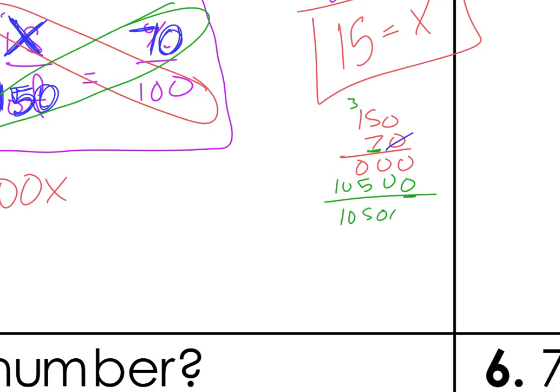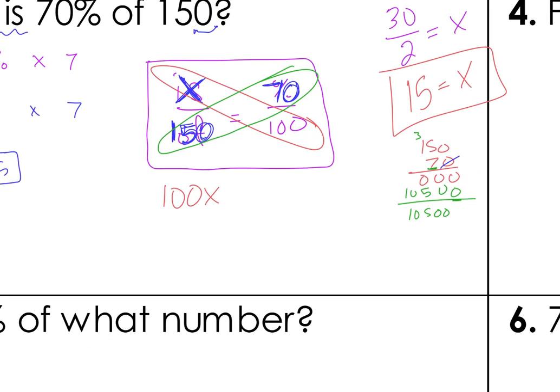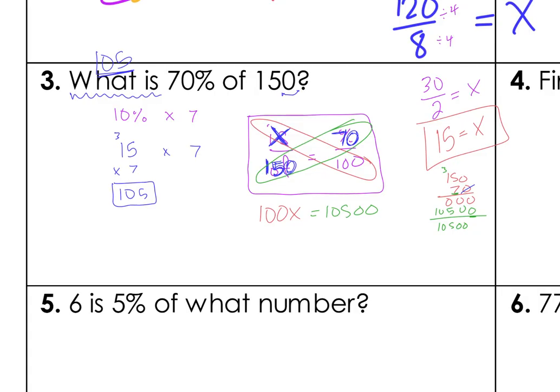So the answer is 10,500. And you already know that the answer is 105. So maybe now you can see that, yeah, when we divide by 100, we get 105 pretty smoothly.